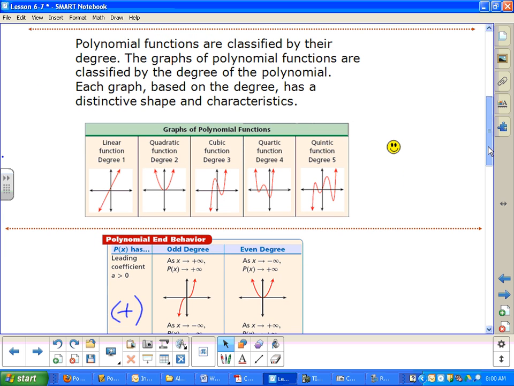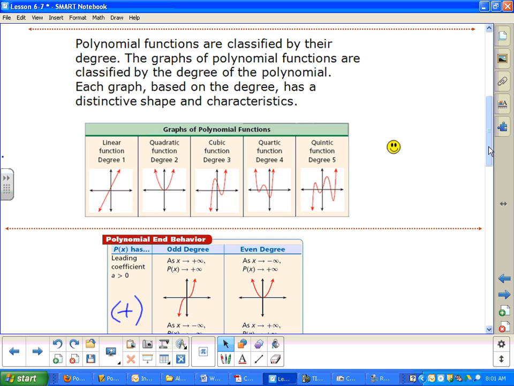So here are examples of polynomials of degree 1 through 5. We have linear, quadratic, cubic, quartic, and quintic. Now, look at the linear, cubic, and quintic for a minute, 1, 3, and 5.